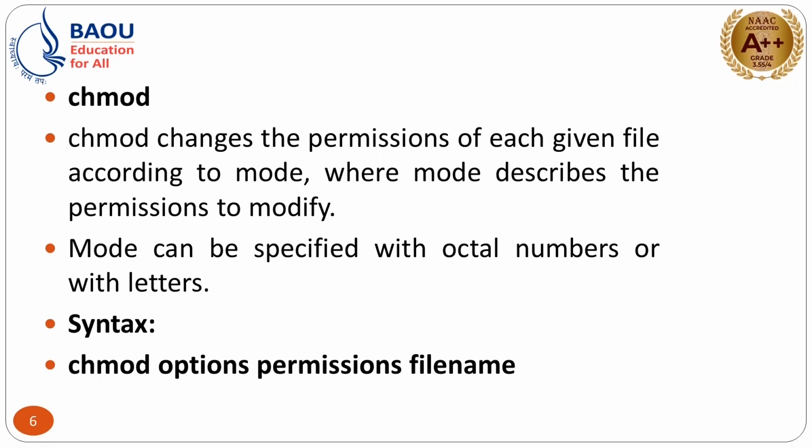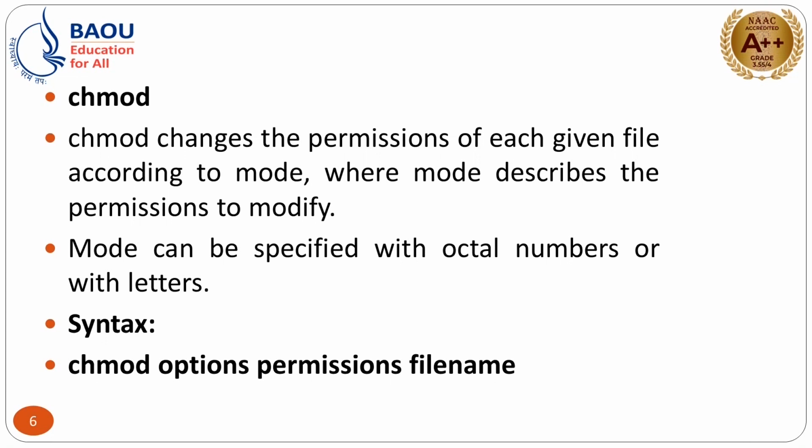Whenever you use this l option, you get all the details, which include whether it is a regular file or a directory file, the access rights or permissions for that particular file, then how many links are related with that file or directory, who is the user, the owner, at which time that file was created, what is the size of that file, and the file name. All this information you can see with the help of ls and the l option.